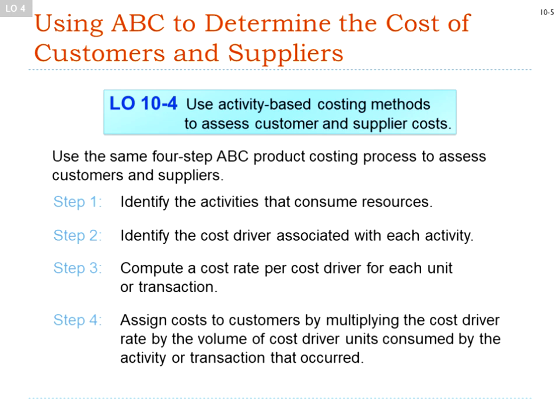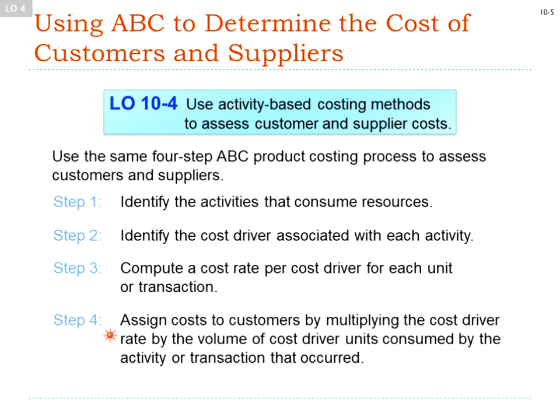When we're trying to control our customer and supplier costs, the first thing you do is identify the activities that consume resources. Then you identify the cost driver associated with each activity. You compute a cost rate per cost driver, and then you assign the costs to the customers using the formula that we already know.